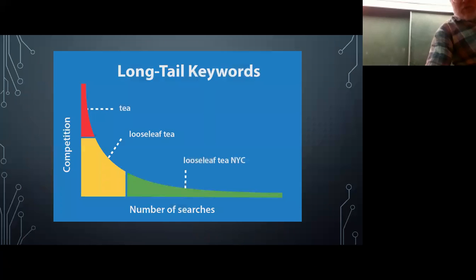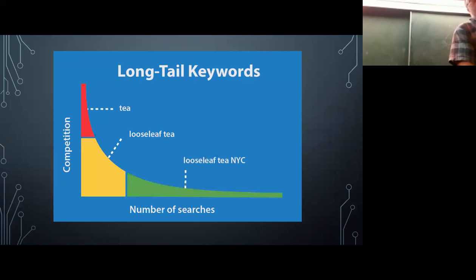And so if we look at keywords with this idea of the long tail, this is going to have various impacts. First, the things closer towards the red side here are things lots and lots of people are going to be searching for. So in some sense, they're poorly qualified customers, in that you only know that someone is vaguely interested in tea.